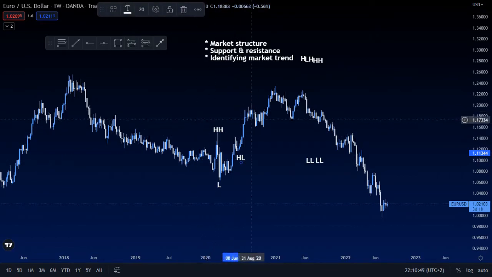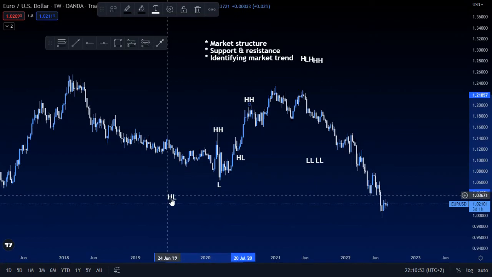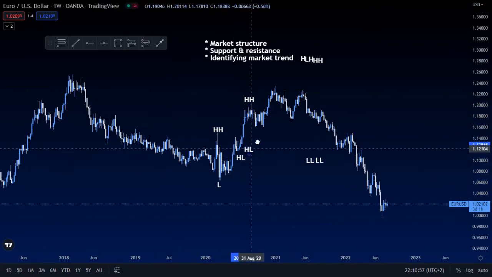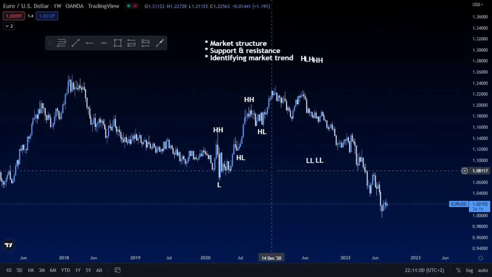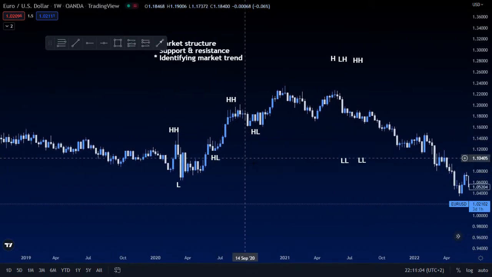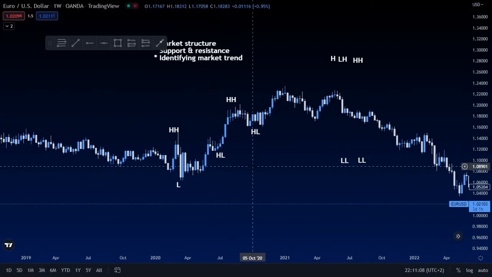With a high as well. And then we have a higher high, followed by a higher low. So what we can identify in this market structure is that the market is bullish. And when we mean bullish, we actually mean that prices are ascending.